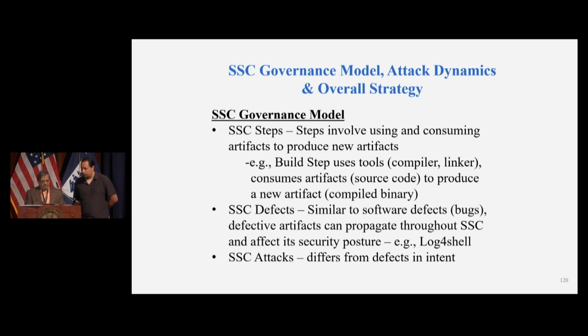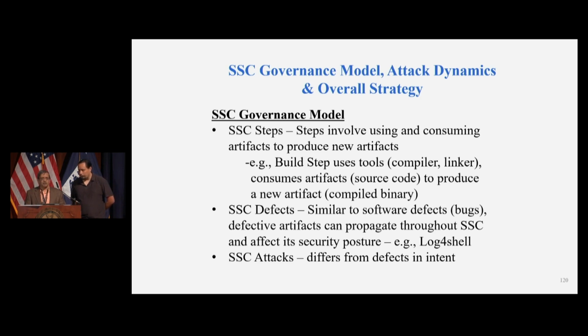As you can see here, we use compilers and linkers, we consume artifacts such as source code, and we produce a binary. While doing so, in any of the steps, certain defects could be introduced, either intentionally or through oversight.